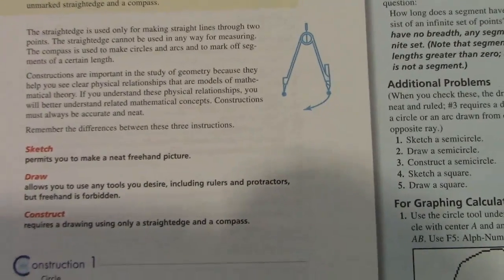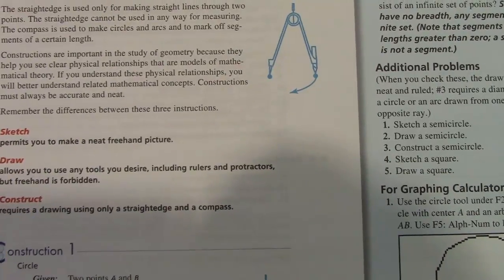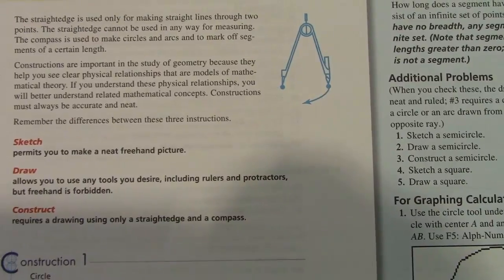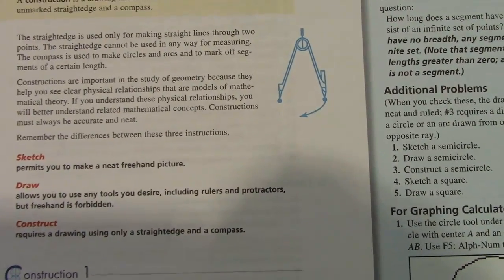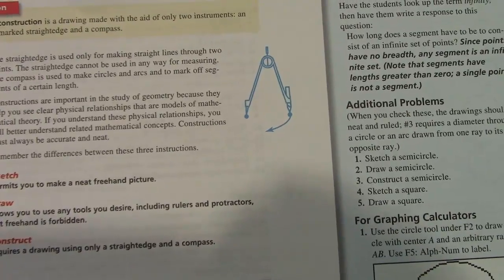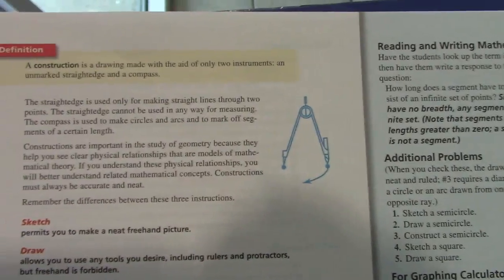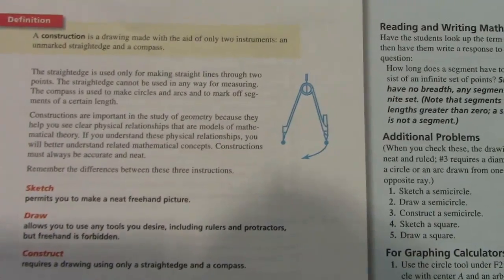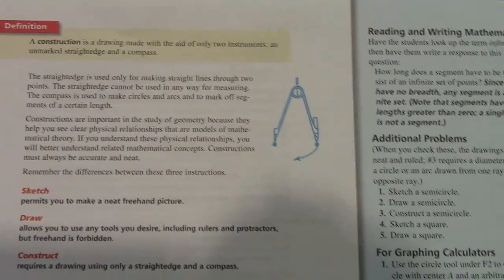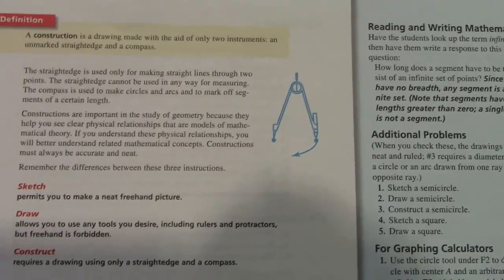So straight edges cannot be used in any way for measuring. Okay, the compass is used to make circles and arcs to mark off segments of certain lengths. What's interesting is, and we're actually going to work on next class, using your compasses, so bring them next class. And we'll show you how to make arcs that intersect.